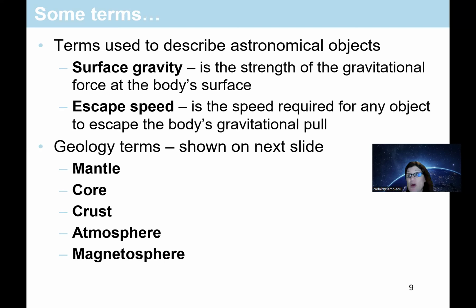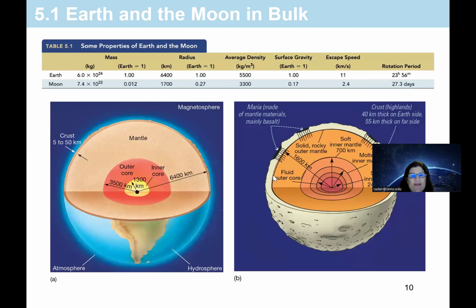For geology, though, we have a few terms, which are shown on the next slide. We have a mantle, core, crust, atmosphere, and magnetosphere. Here we have a representation of the Earth and the Moon. If you'll notice, we've got some properties here with their mass and their radius, and then the densities, surface gravity.